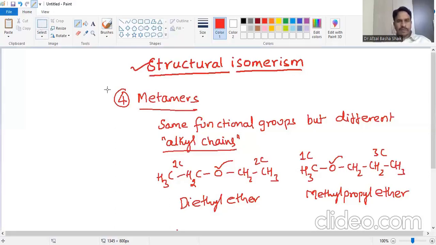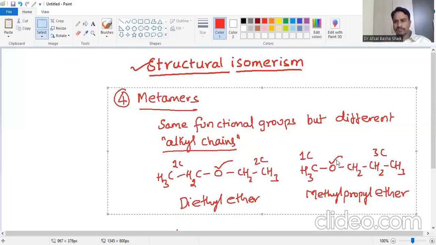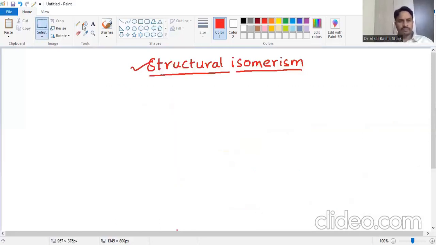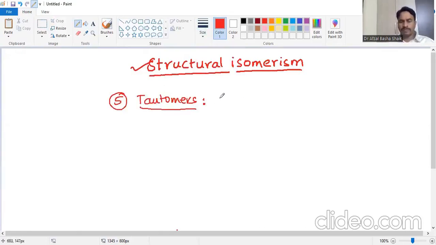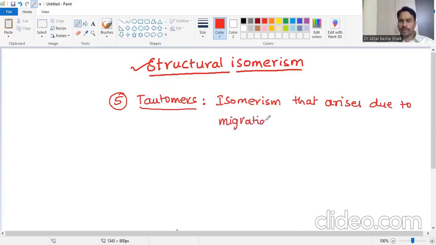And the other type of isomers are the tautomers. So this is a type of isomerism that arises due to migration of a proton.